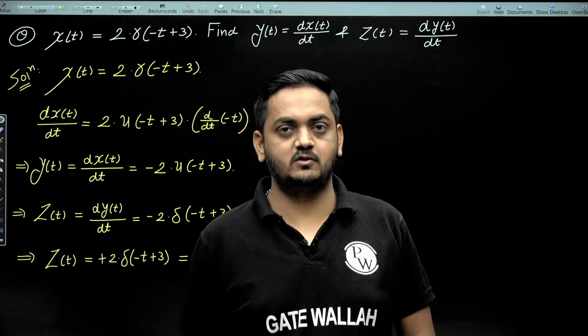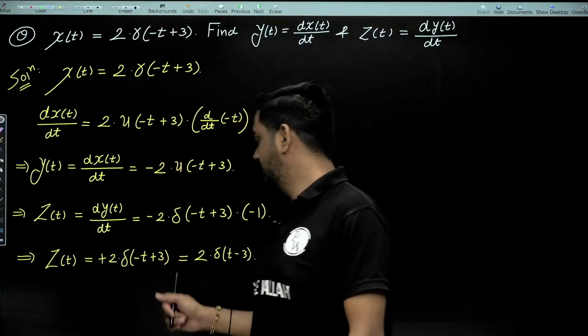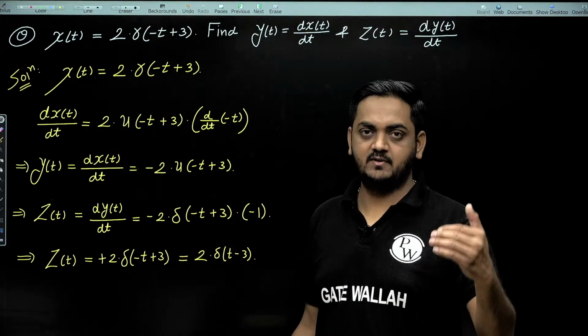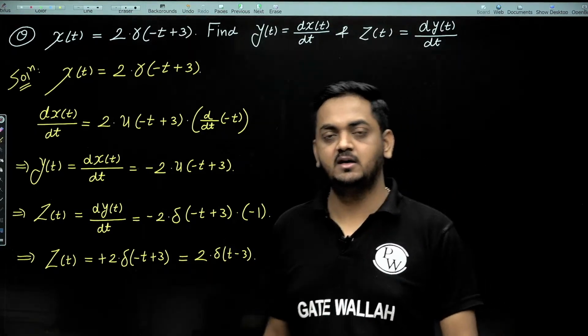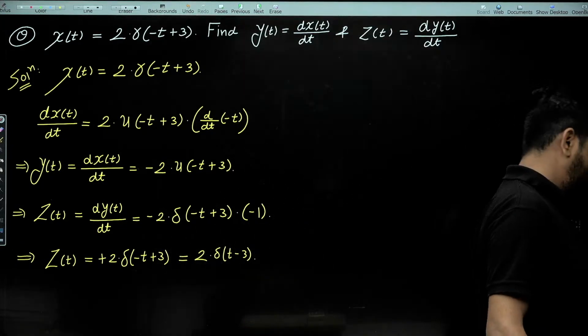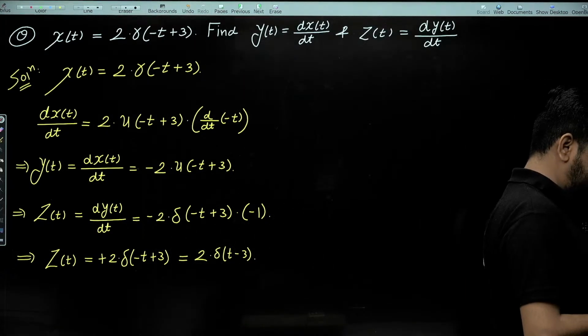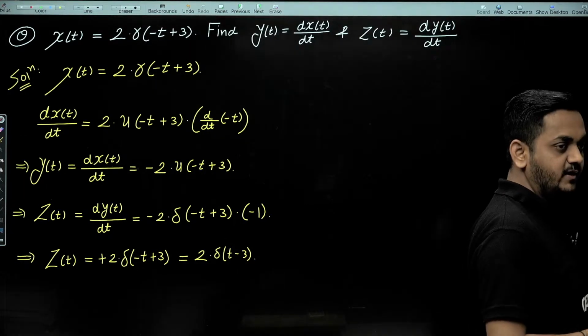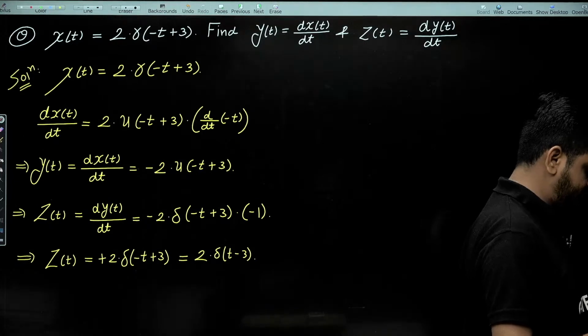The reverse is integration: integration of del t gives the step function, and integration of the step is nothing but the ramp function. Any doubt in this? This is a very important point.